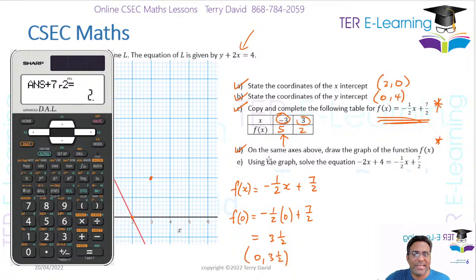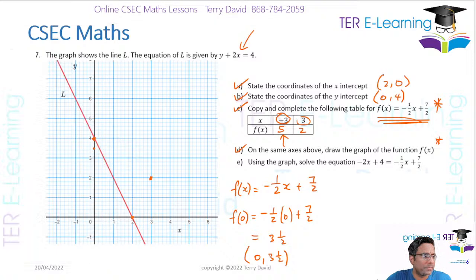Now, they said on the same axis, draw the graph f of x, right? So what I'm going to do, I'm going to draw a line. So let's get rid of that calculator here. And let's draw my line.